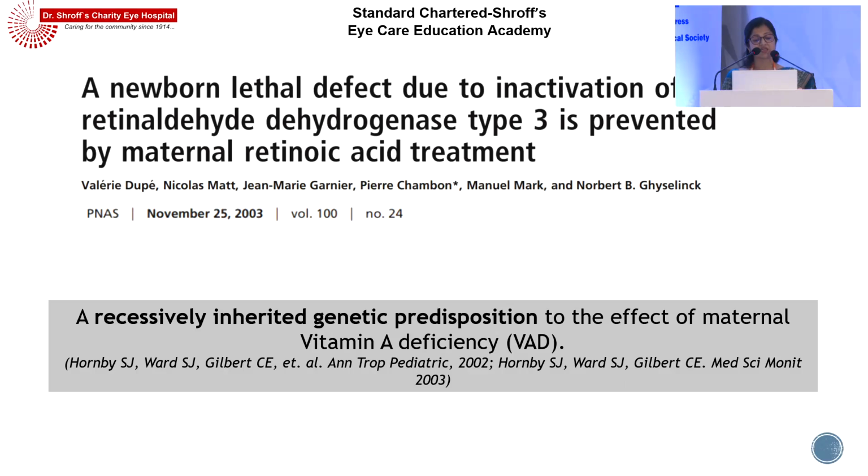Hornby et al., by seeing the commonality between maternal vitamin A deficiency and consanguinity in a southern Indian population, suggested that there could be a recessively inherited genetic predisposition to the effect of maternal vitamin A deficiency. So here, this is kind of an epigenetic or environment interaction of maternal vitamin A deficiency in a mother with a fetus who has a genetic defect in a retinoic acid pathway gene.